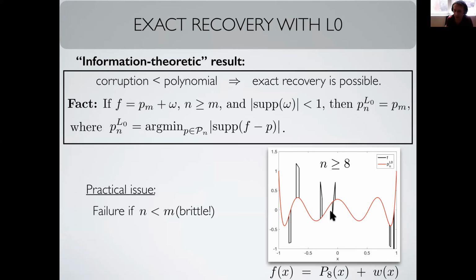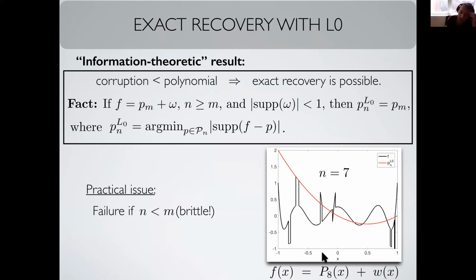And so here's the PNL0, you might think of it as recovery of this corrupted Legendre polynomial of degree n. Of course, this is very brittle. In practice, I won't know that this polynomial here is of degree 8. So I might start picking other numbers and try to recover.